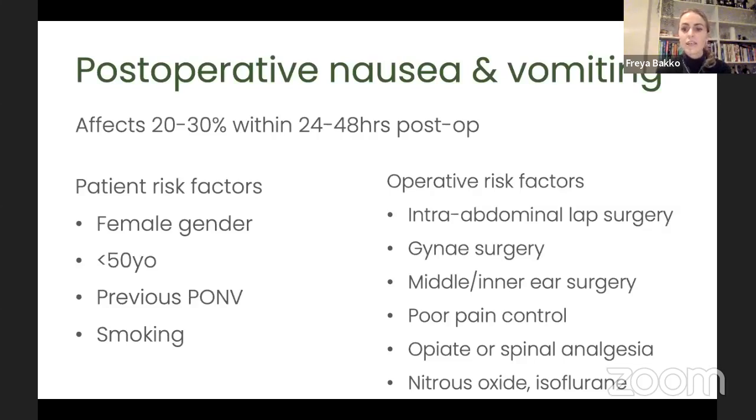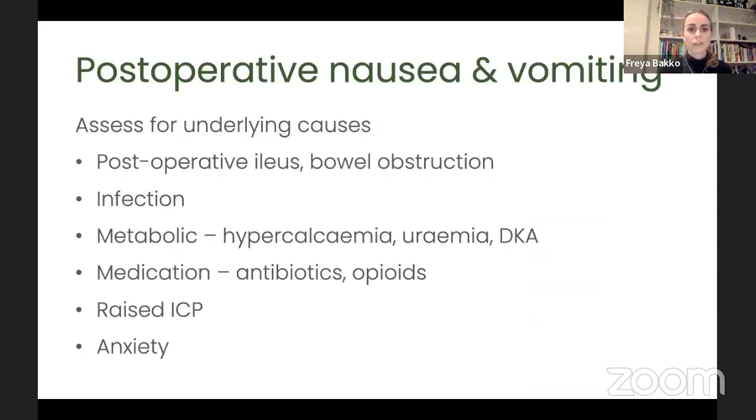Any middle or inner ear surgery, which damages or disturbs the vestibular system, can cause almost a motion sickness. Poor pain control as mentioned, opiate analgesia and spinal analgesia, and inhaled anaesthetics such as nitrous oxide or isoflurane can also cause post-op nausea.